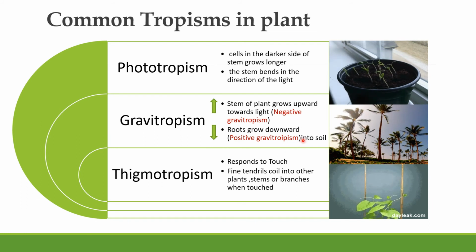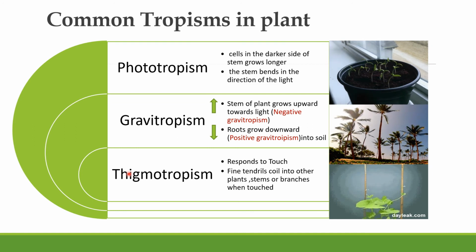So, I'm sure you would have been clear about what is negative gravitropism and positive gravitropism. A negative gravitropism is when the stem of the plant grows upward towards the light. You see this? And positive gravitropism is when the roots grow downwards into the soil. Most of the plants are under this category of gravitropism.